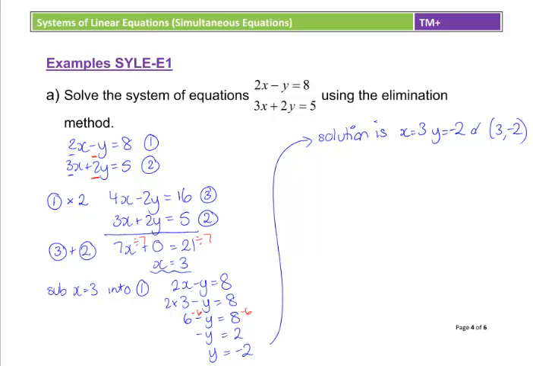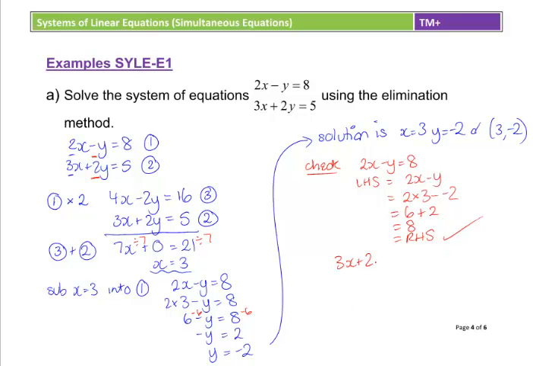Okay, I can now check my solution just like I did before. So the check would be: equation 1 was 2x minus y equals 8. The left hand side is 2x minus y, which becomes 2 times 3 minus negative 2. So 6 minus minus becomes plus, and that's 8, which is the right hand side. So that's correct.